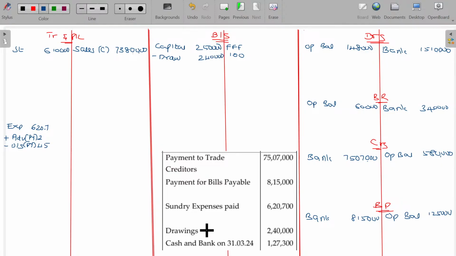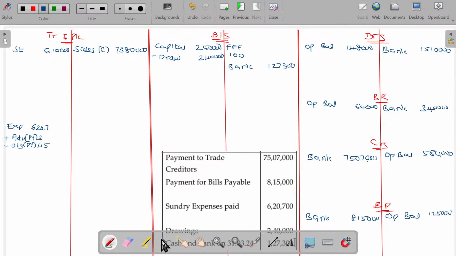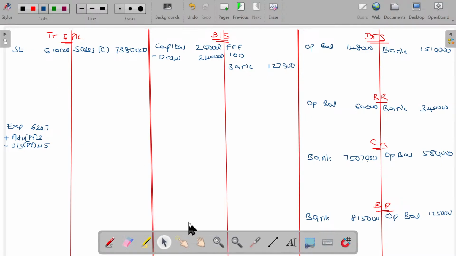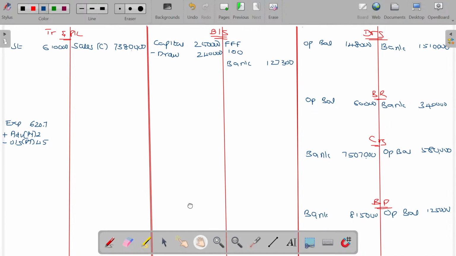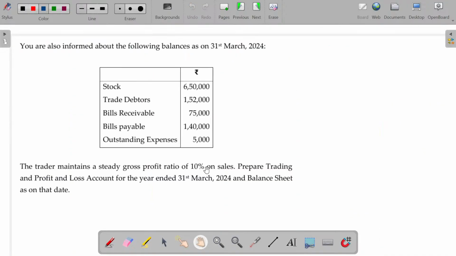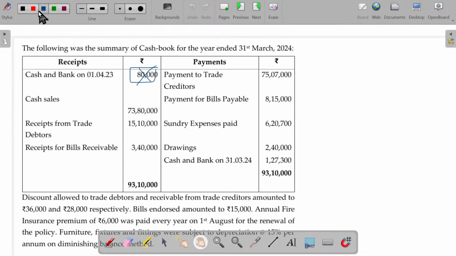Cash and bank is nothing but your closing asset, which should be posted in the balance sheet asset side, 1,27,300. With that, this one is over. Clear? So receipts and payments over.